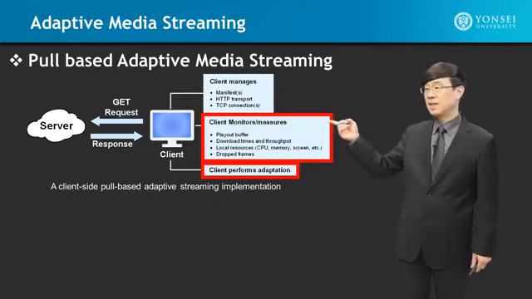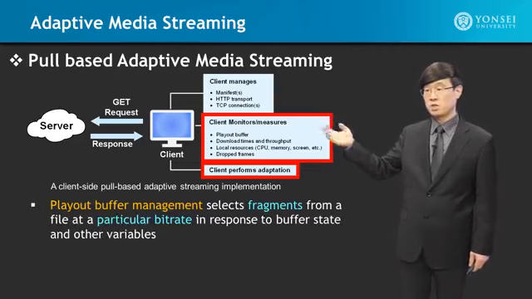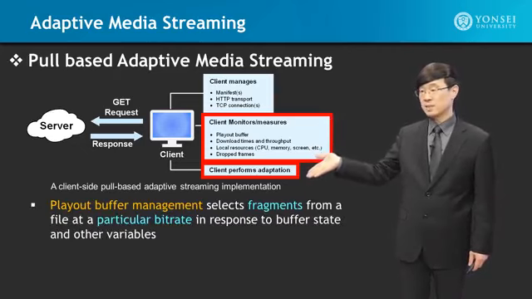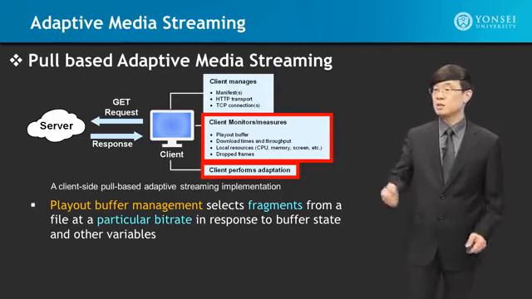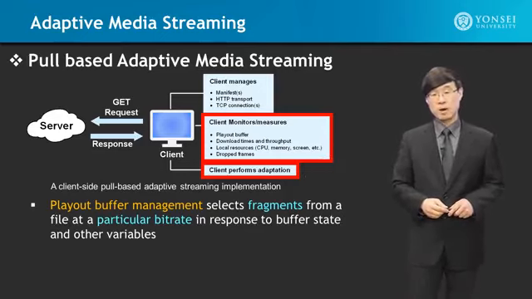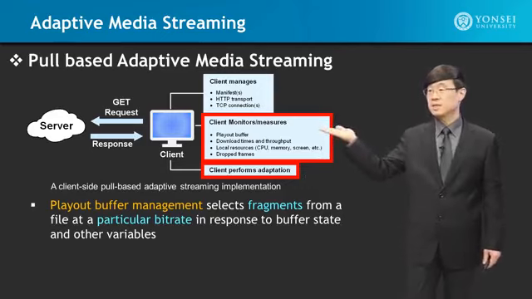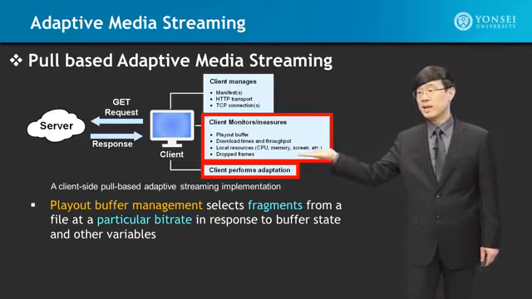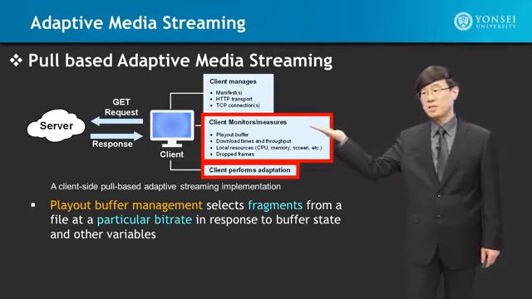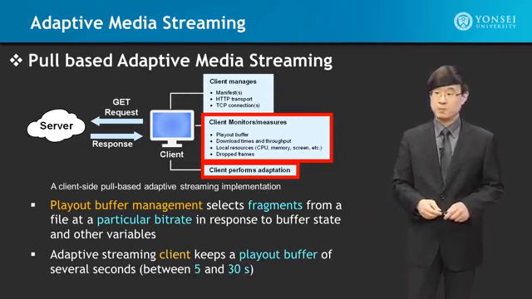Then we have the client monitors and measures component, in which the playout buffer management selects fragments from a file at a particular bitrate in response to buffer state and other variables. Here you can see the components of what is actually measured and monitored. In addition, the client performs adaptation based on these monitored values.